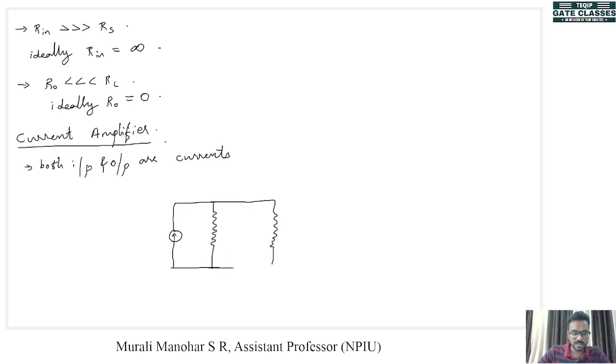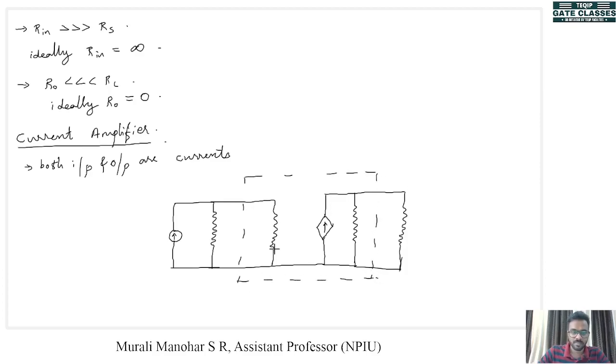There is a resistance here. Again, it is modeled as a two-port network. So here we have a current controlled current source, a parallel resistance here, and a load resistance. This is the amplifier part.